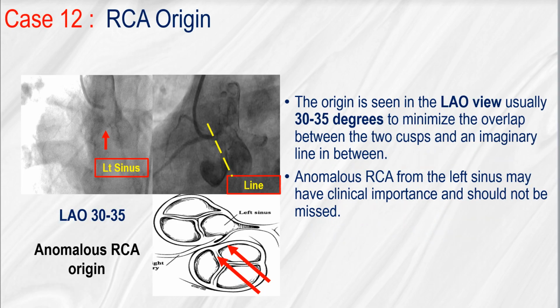The origin is seen in the LAO view, usually 30 to 35 degrees, to minimize the overlap between the two cusps, and an imaginary line in between. Anomalous RCA from the left sinus may have clinical importance and should not be missed.